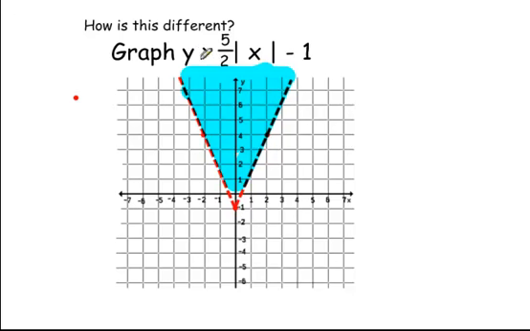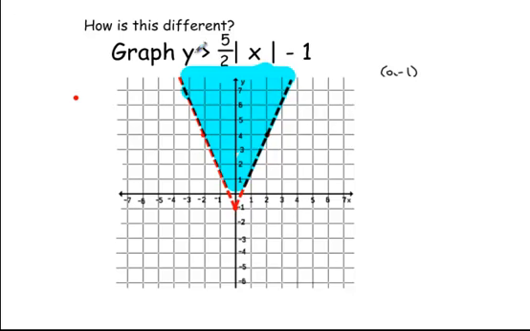Because I had no equal to sign underneath the inequality, the boundary line, which would be the part that was the two lines that made up the V shape, the boundary line is dotted. It means that's not a solution. It's non-inclusive. So, for instance, if I was checking the vertex, I would get a false statement. The vertex is the point 0, negative 1.